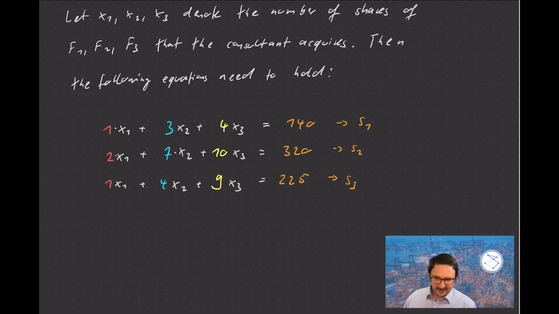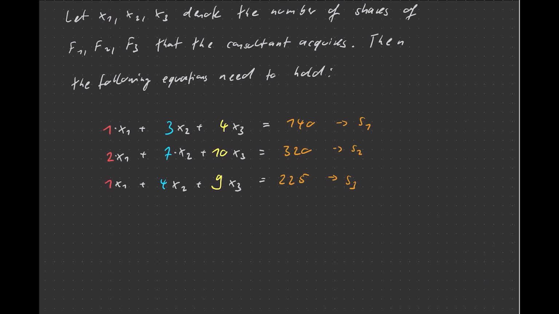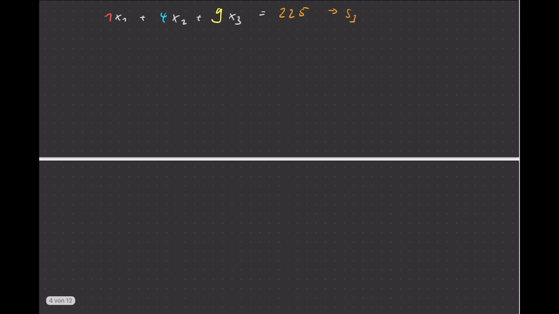And before we try to find the actual solution, let's clarify what exactly we mean by a system of linear equations and a solution to a system of linear equations. So let's write down a formal definition.